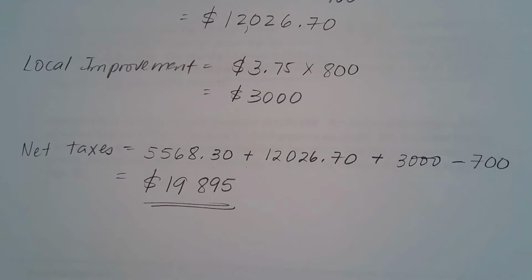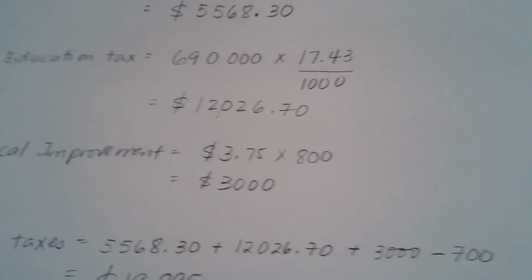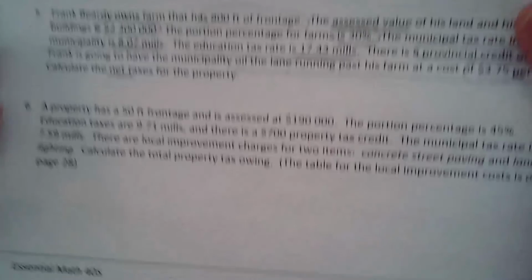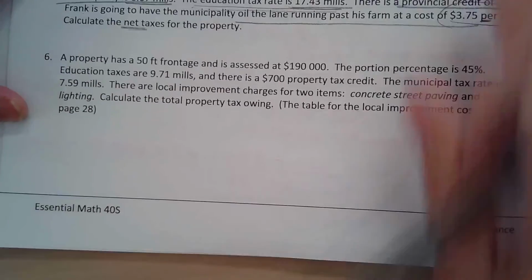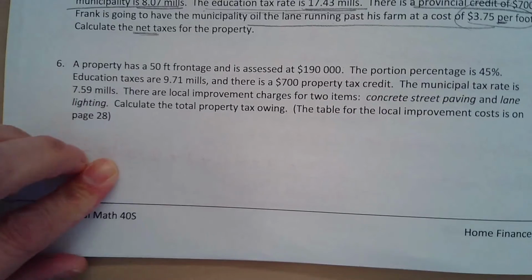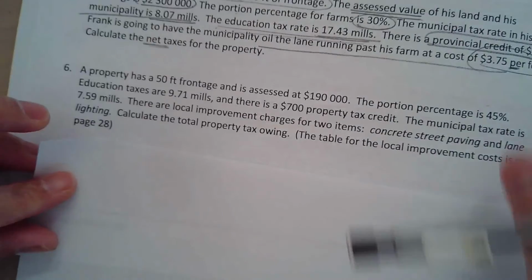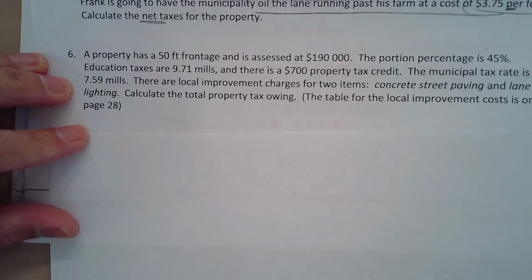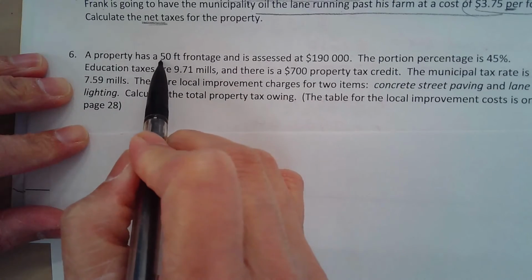Is that good? Yeah? Okay. So we said we're gonna go over question 5 and question 6, and then it's gonna be something for you to do on the assignment. So let's read number 6. A property has 50 frontage.